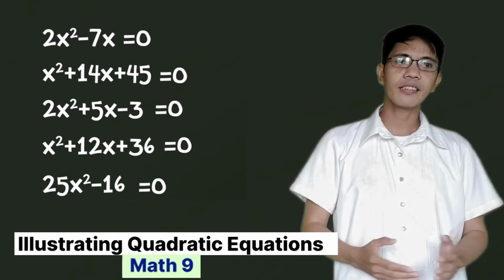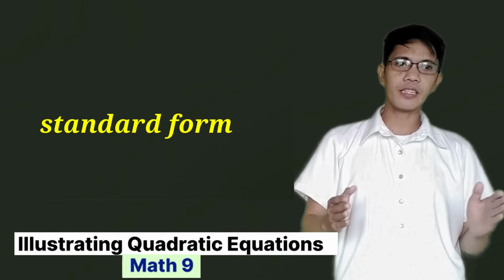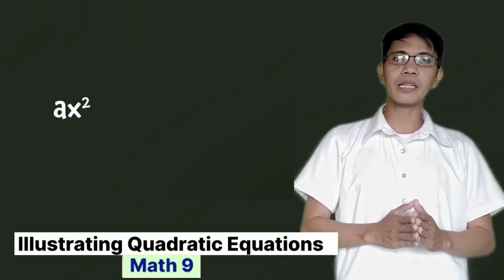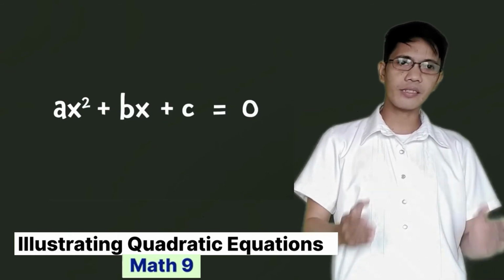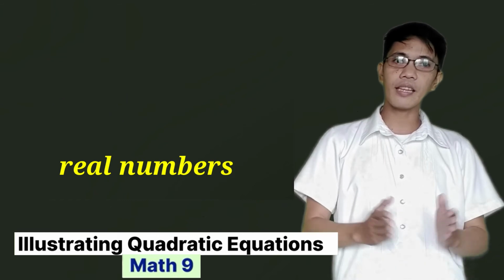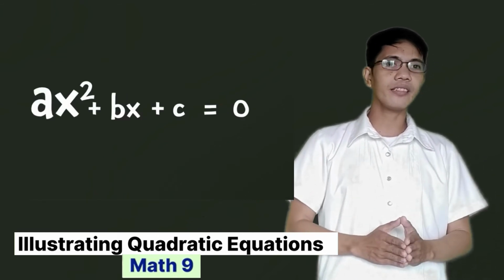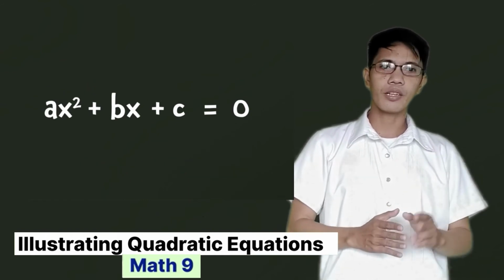In general, the quadratic equation is in standard form if it is in the form ax squared plus bx plus c equals 0, where a, b, and c are real numbers and a is not equal to 0. Ax squared is the quadratic term or the term of degree 2.